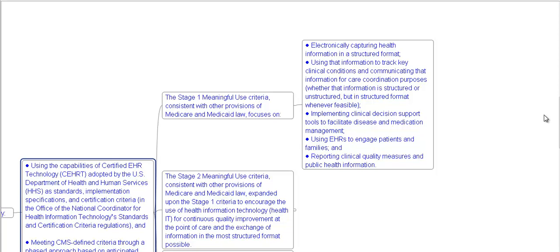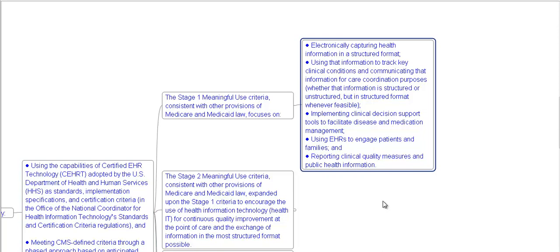Implementing clinical decision support tools to facilitate disease and medication management, using EHR to engage patients and families. And reporting clinical quality measure and public health information.